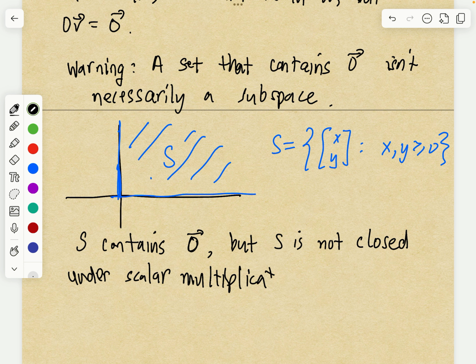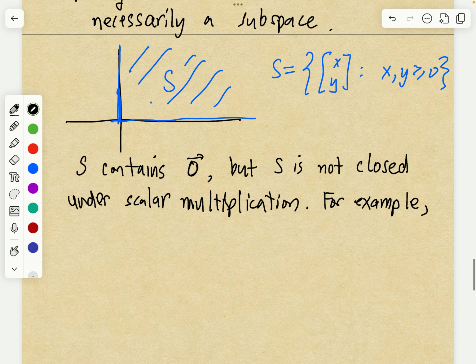To justify this, we need to come up with a specific V in S and a C such that CV is not in S. Let's say you take V to be 1, 1. This is in S because 1 is greater than or equal to 0.